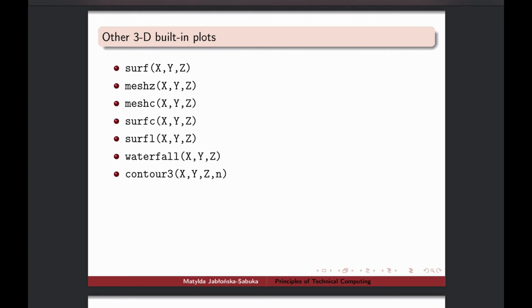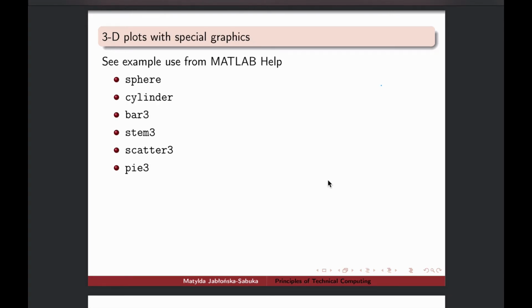There's also a few other specialized 3-dimensional plots. So for instance, you can draw a sphere, you can draw a cylinder, 3-dimensional bars, a 3-dimensional stem plot, a 3-dimensional scatter plot, a 3-dimensional pie plot.